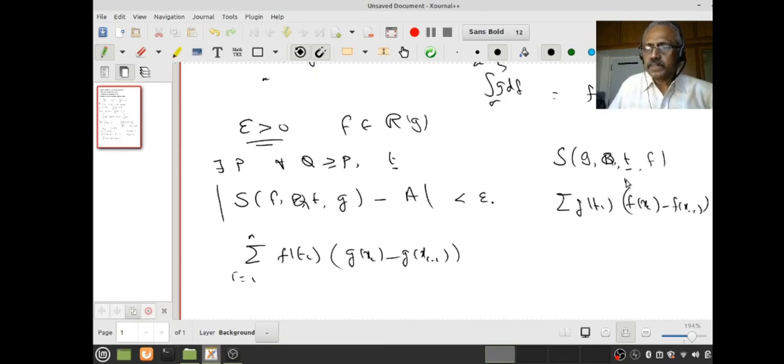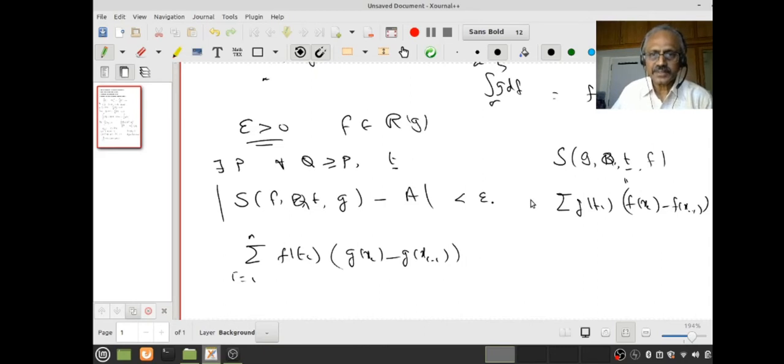Riemann sum for this will look like this. Now notice these two things. Something is very interesting: f acts on ti while g wants to act on ti, and g acts on xi while f wants to act on xi. There is a kind of duality.